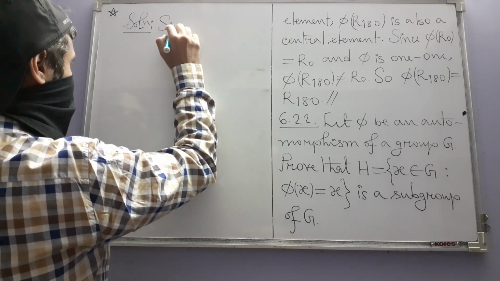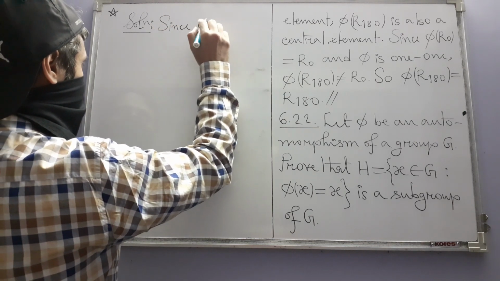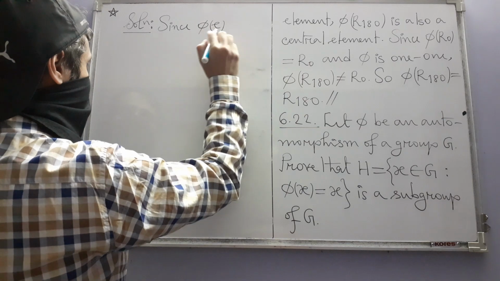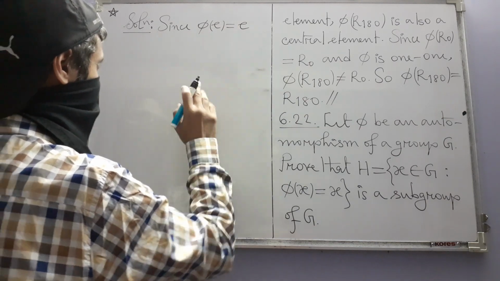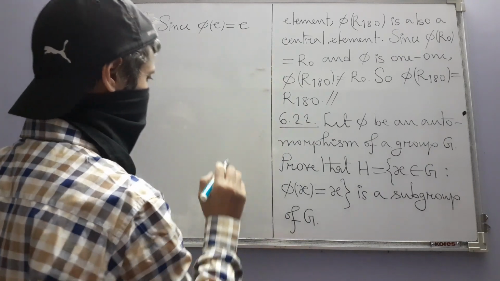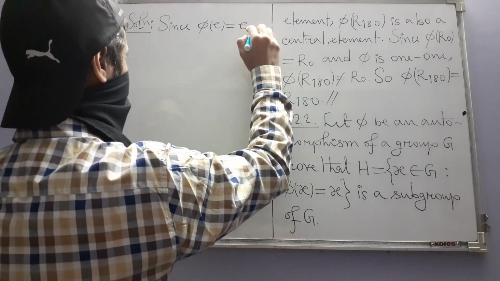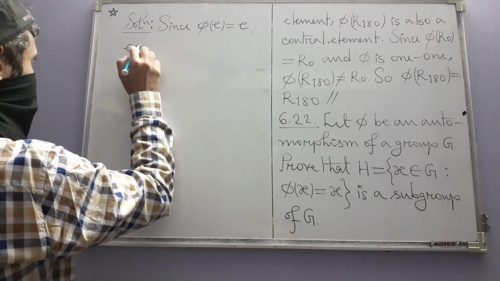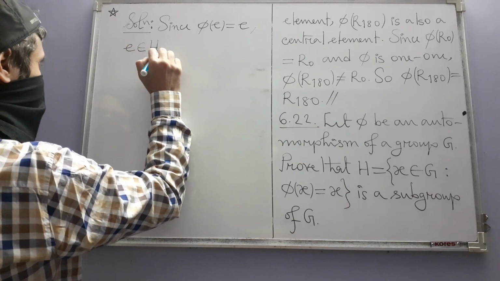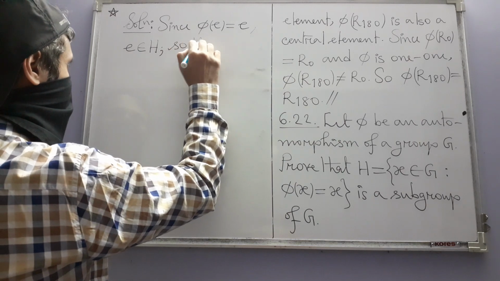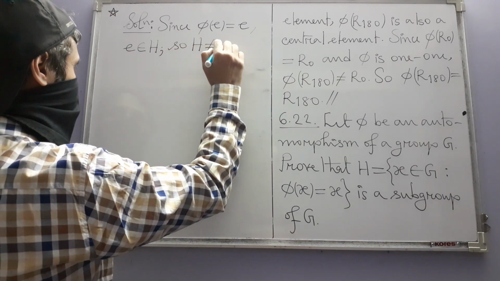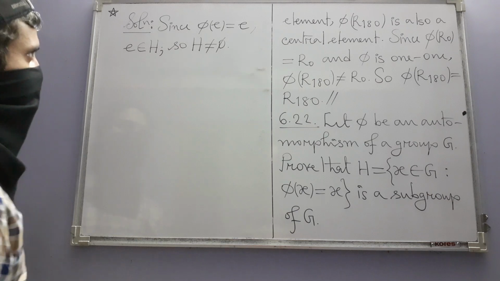Since the phi image of the identity element in G is the identity element. This is a property of any isomorphism and hence an automorphism. So E belongs to H, and as a result H is non-empty.